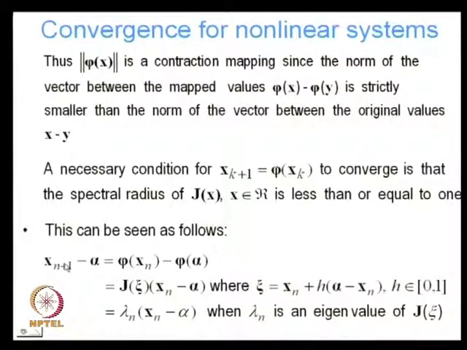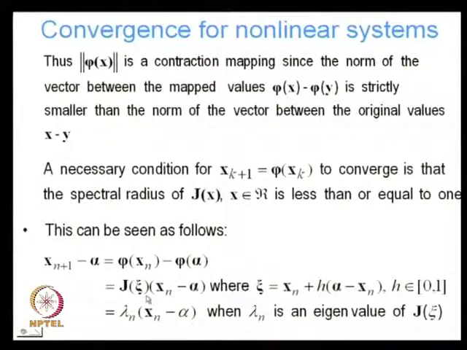Let's write x n plus 1 minus alpha, the n plus 1th value of the iterate minus my root. So, x n plus 1 is equal to phi of x n, and alpha is equal to phi of alpha because alpha is the root. So, phi of x n minus phi of alpha.